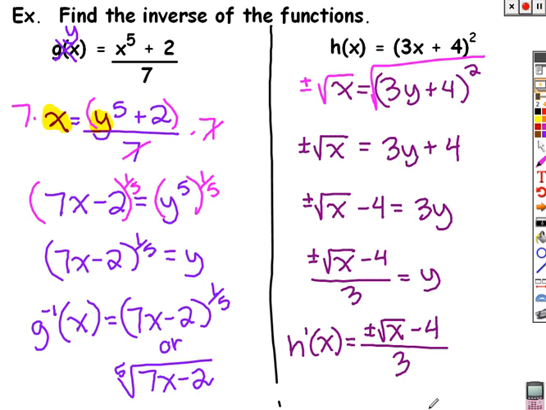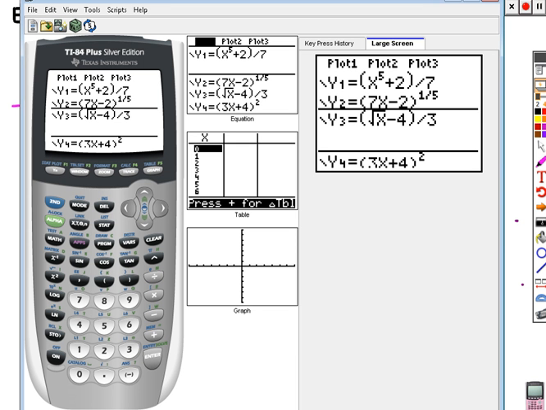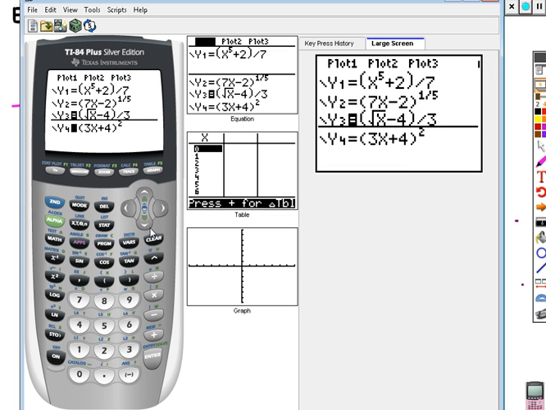If I look at the graph of this function, notice what happens if I don't have the plus or minus out front. So my original function, here it is on the bottom, that should be a parabola. So if I take the inverse but I don't have the plus or minus, let's see what happens if I graph these two.